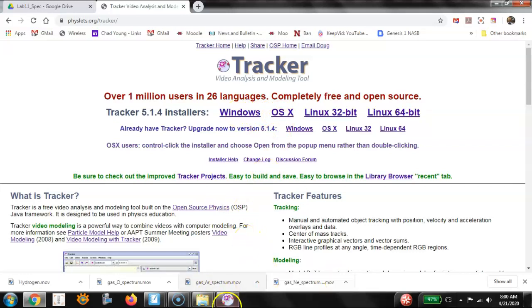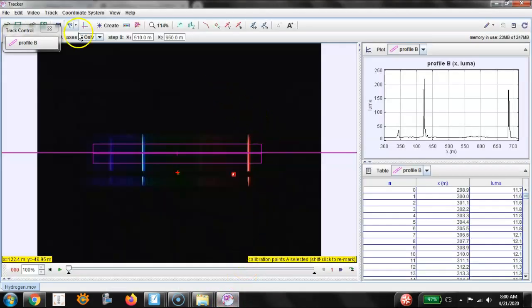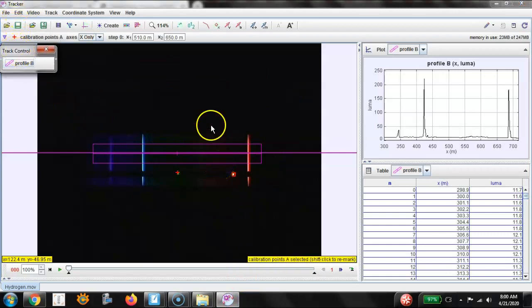Won't hurt your computer, it's perfectly fine. You'll download it and it'll look like this. Well, it won't look like this when you first open it. When you load in your movies, you'll get your movies off of Moodle. There'll be two different gases, and your goal is to identify which gas is which.